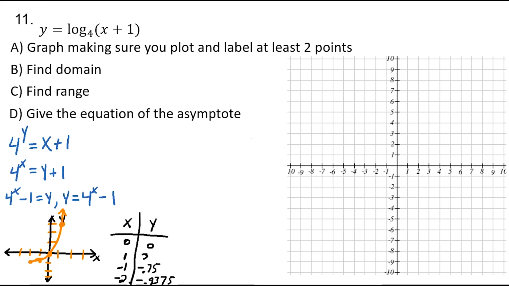See if I can get this to something like this. All right. So now this is the inverse, and I can use these points to plot points that give me the graph of the original equation that we started with.